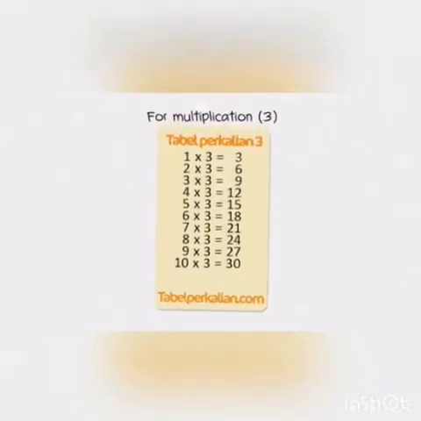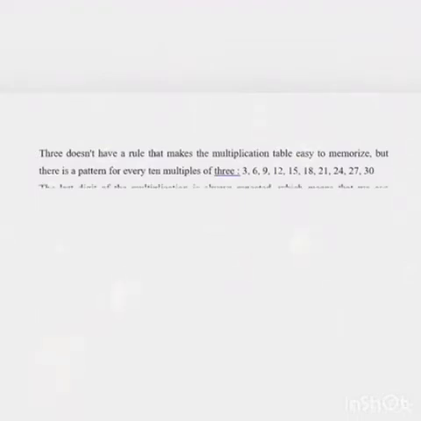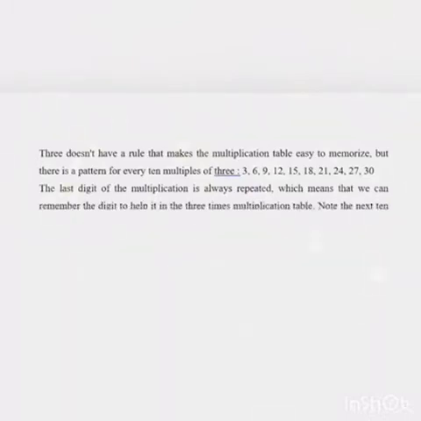For multiplication table 3, there isn't a rule that makes the table easy to memorize. But there is a pattern for the first 10 multiples of 3: 3, 6, 9, 12, 15, 18, 21, 24, 27, and 30.